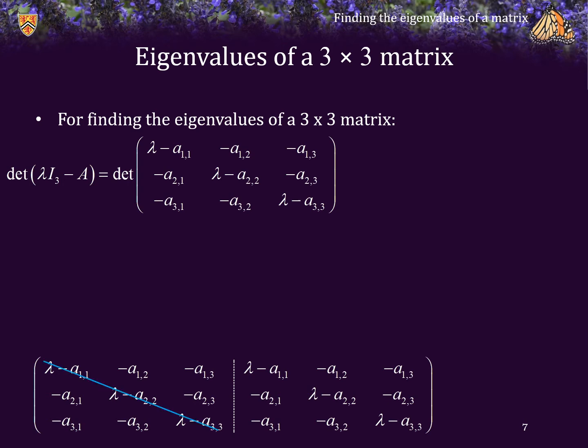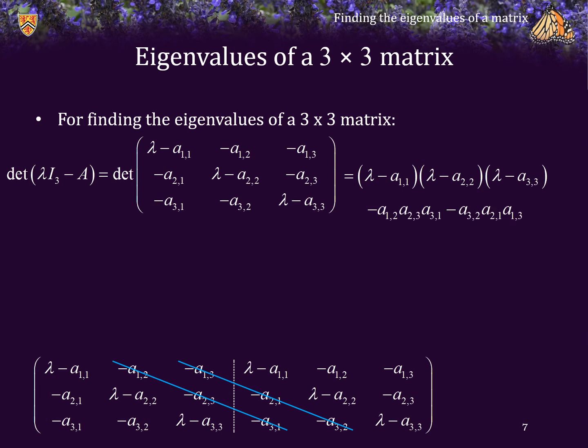We then proceed to multiply the entries of this first diagonal, and that is the first step. We proceed with the next two, and we multiply them together. So this now has us subtracting off those two products of entries.